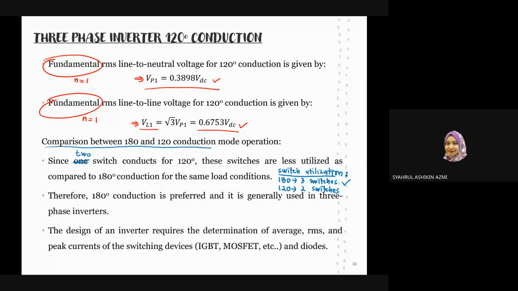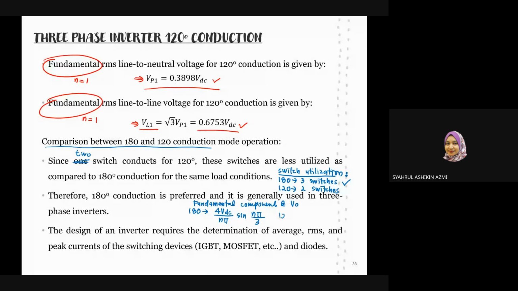One more thing is with regards to the fundamental component, which is the amplitude. For 180, the equation that we use to find the amplitude is 4 VDC over n pi multiplied by sine n pi over 3.